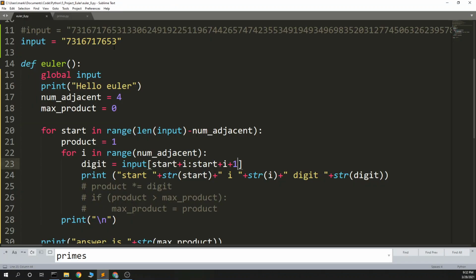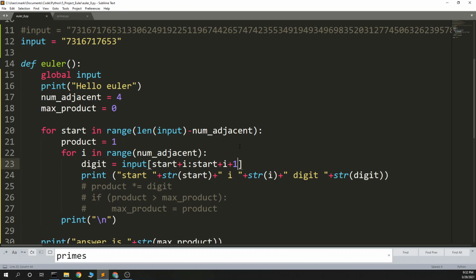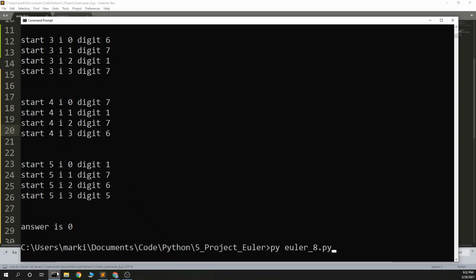So what's my number? It's 7316, ends in 7653. So I expect my last couple here to be 7653. Okay, so I'm missing that. Plus 1, I believe. 7653, excellent.